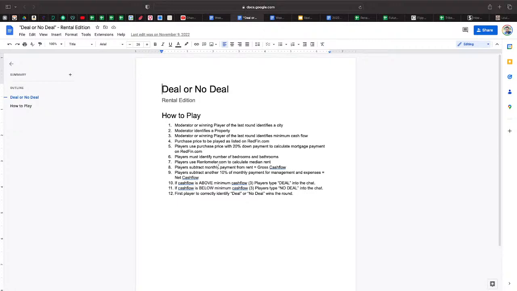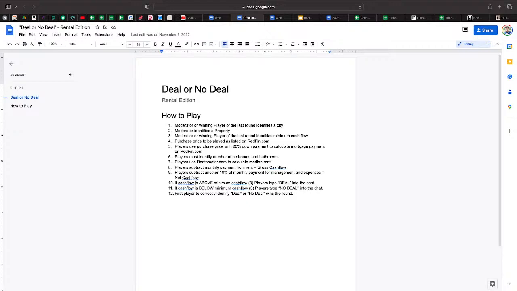And then the players subtract the monthly payment from the rent, which is going to give you the gross cash flow. So you subtract your monthly mortgage payment from your rent payment to give you gross cash flow. And then players subtract another 10% of the monthly payment for management and expenses. That gives you our net cash flow.